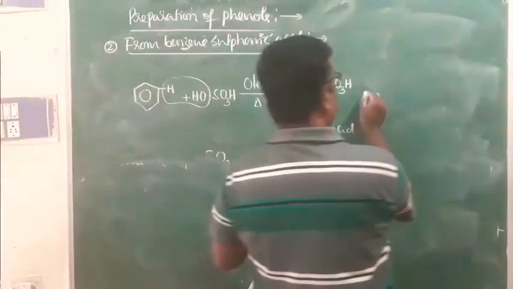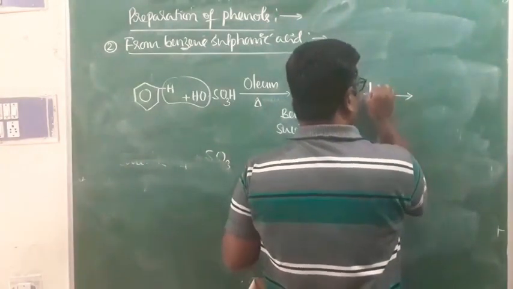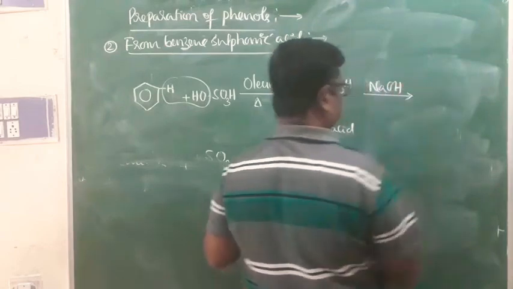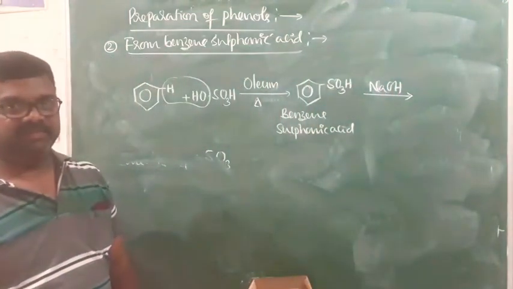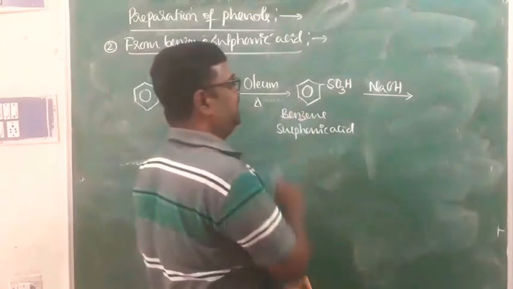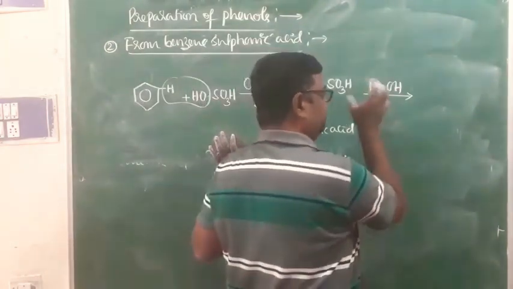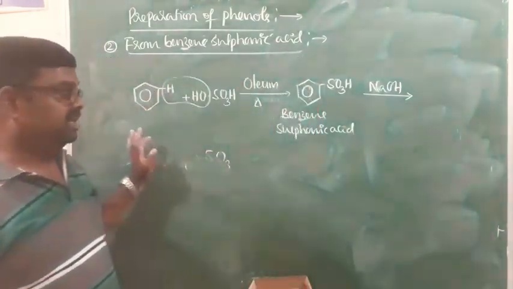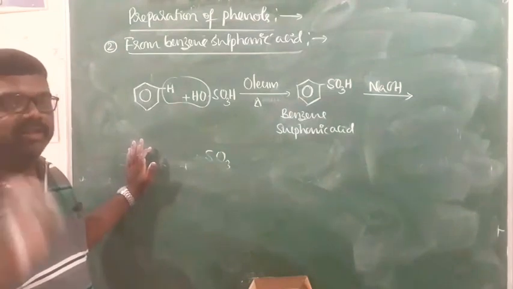Benzene sulphonic acid is fused with sodium hydroxide, that is, molten NaOH.